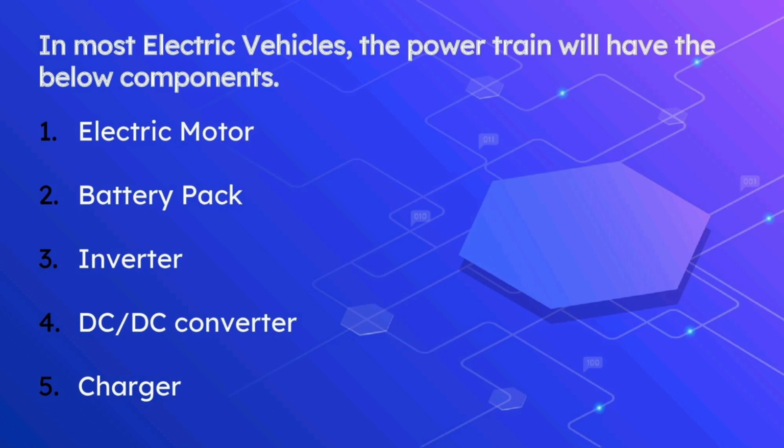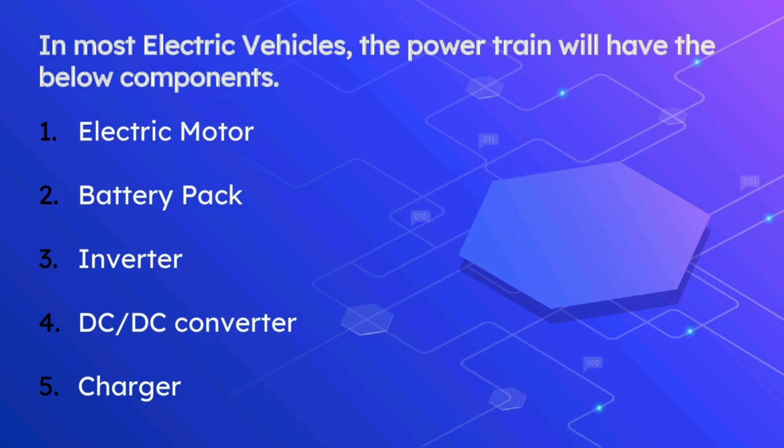And the next component is inverter. As mentioned earlier, the battery pack provides direct current, but the electric motor is controlled by alternating current, AC, waveforms. So, the inverter is used to convert the DC to AC and control the electric motor.